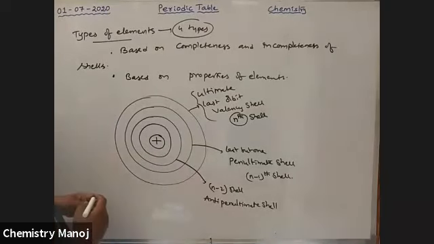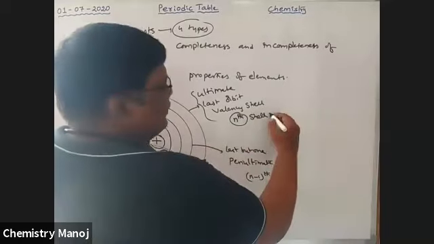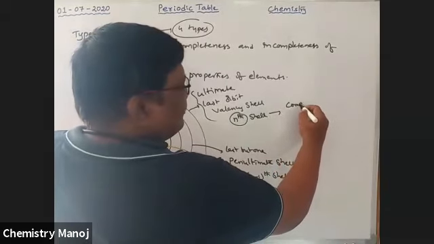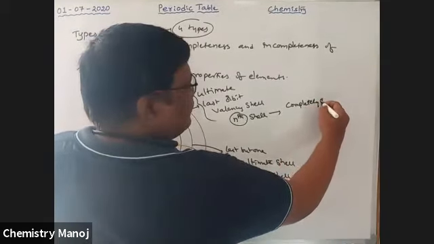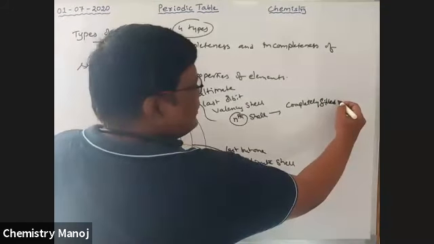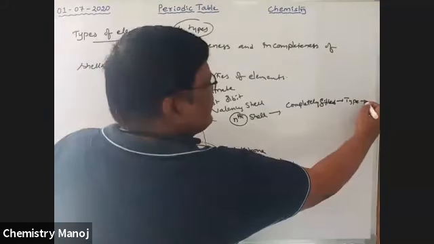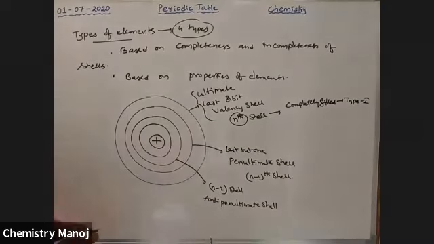So see here, my dear boys. First one, if the nth shell is completely filled, that is a type 1 element.